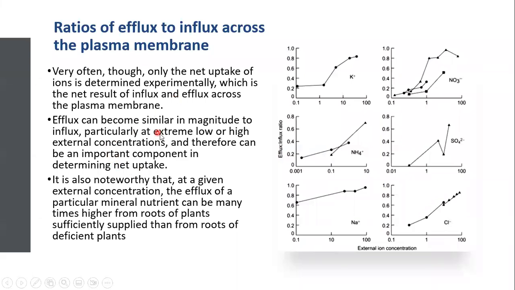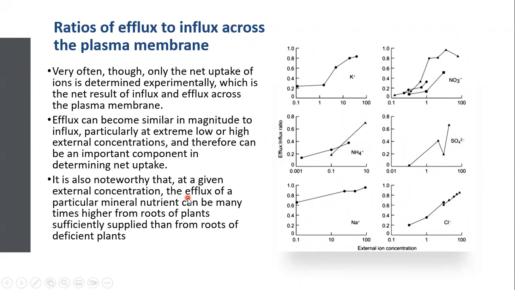Efflux can become similar in magnitude to influx, particularly at extreme low or extreme high concentration. When the external concentration becomes extremely high or low, efflux and influx become almost the same, because the dynamics change at very low or very high concentration.